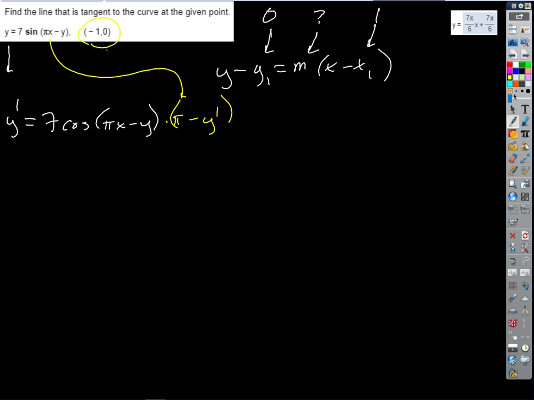So let's plug and chug first. If I plug these values in, I get y prime equals 7 times the cosine of negative pi, minus 0, times pi minus y prime.